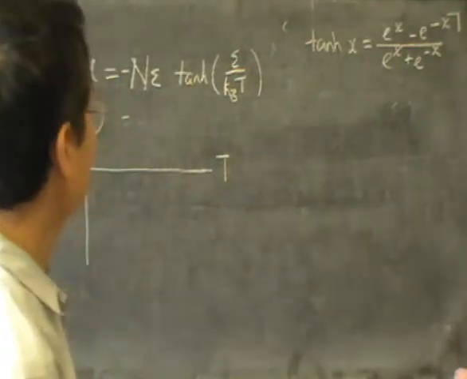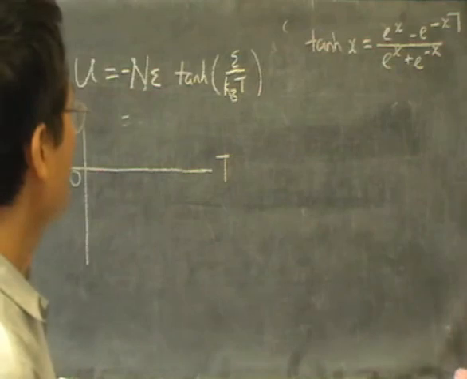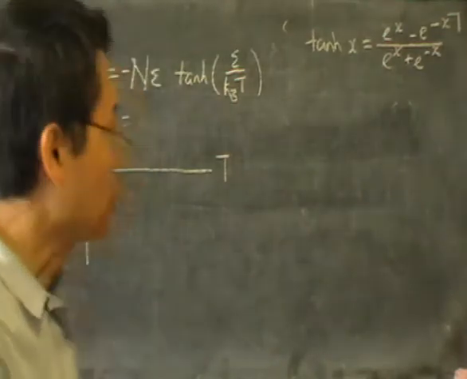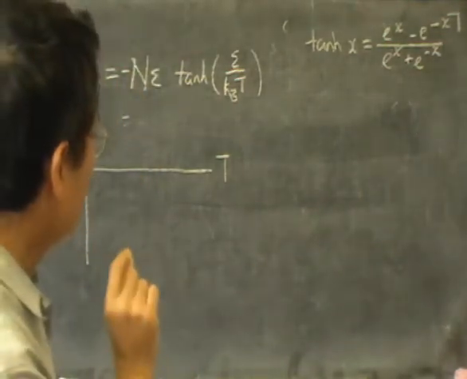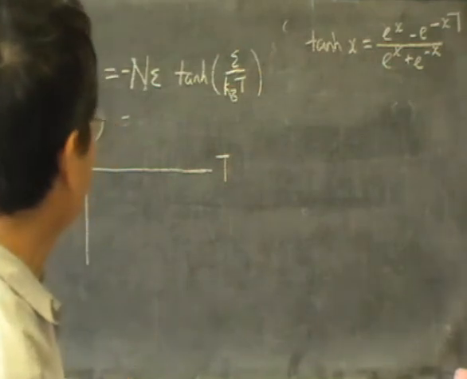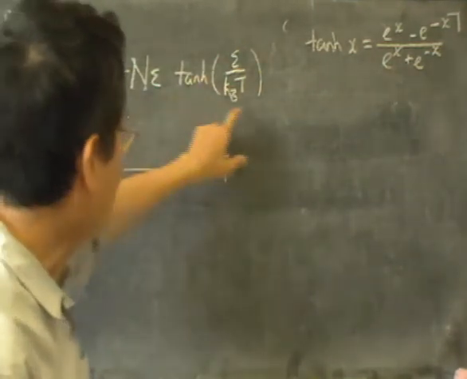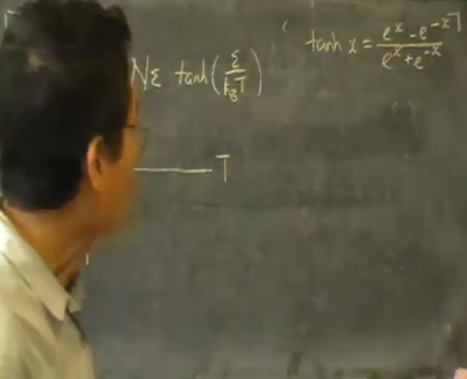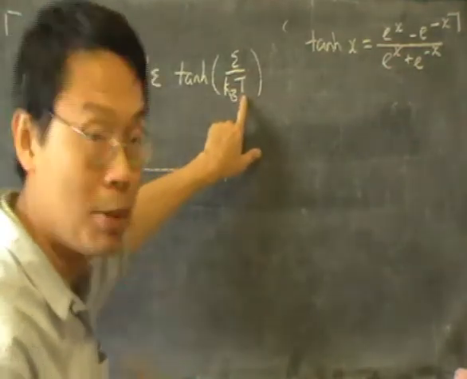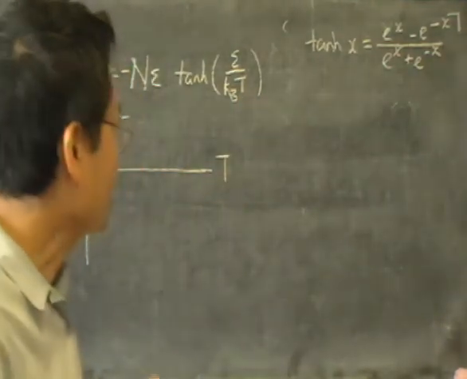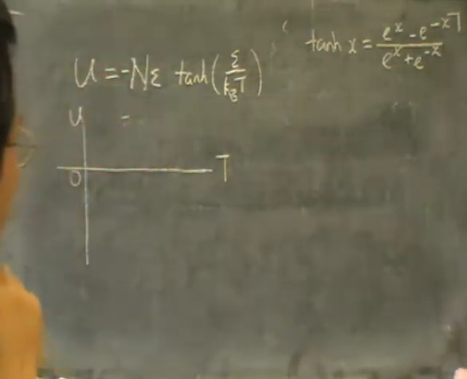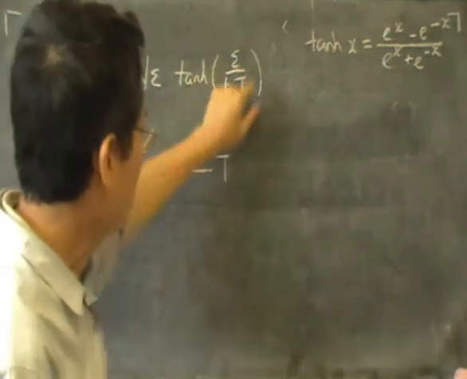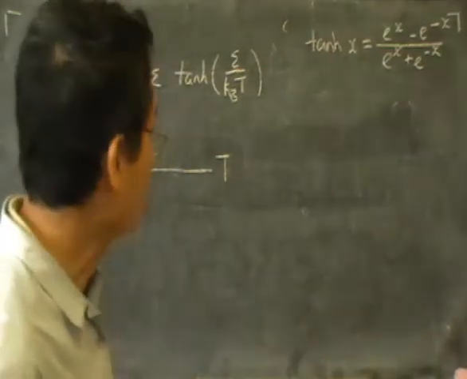Now the hyperbolic tangent has a graph that you can find in textbooks, but in this case that might not be very helpful because we are not actually plotting U against the argument of the hyperbolic tangent. We want to plot against the temperature, which is in the denominator. That makes things a little more tricky because when the denominator T gets small, the argument actually gets big. So it goes in the opposite way.